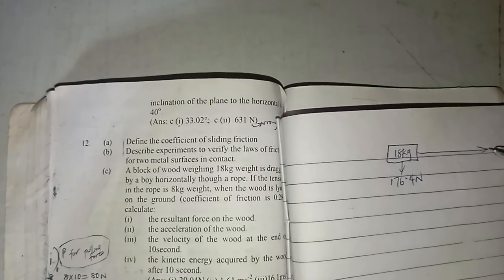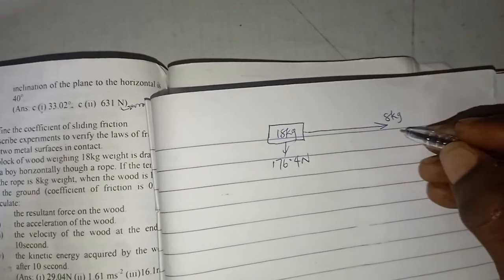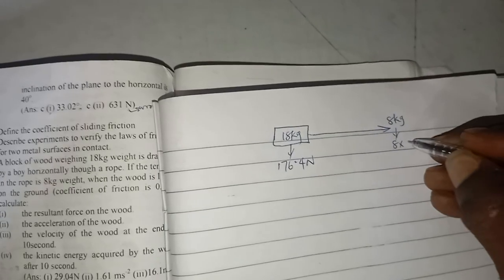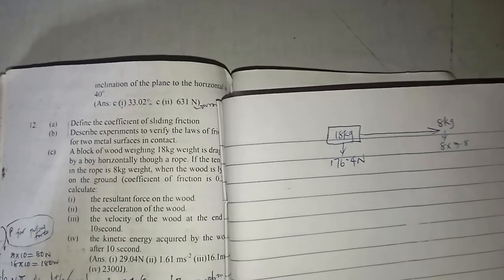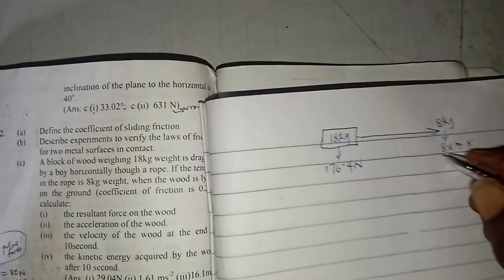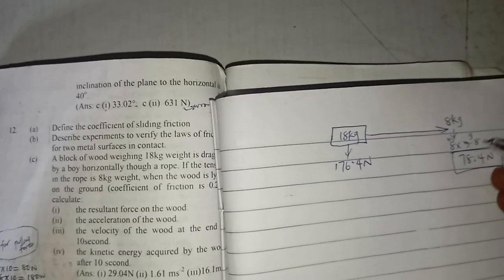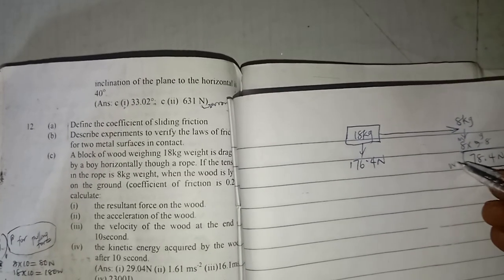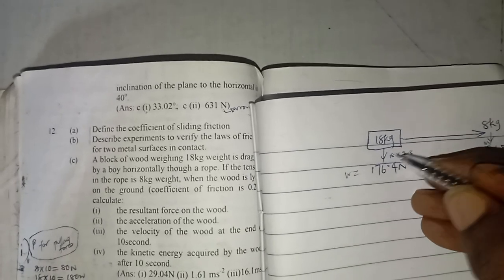Convert it: 8 kg weight is 8 times 9.8 again. 8 times 9.8 is 78.4 Newton. That is mg. Since they talked about weight, W equals mg, and weight is the same thing as force.